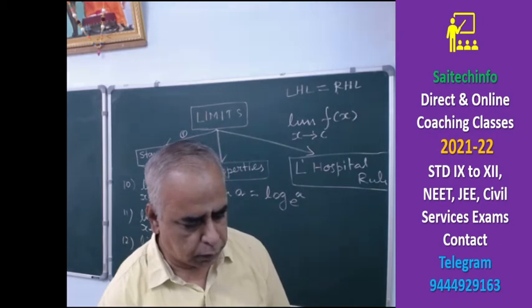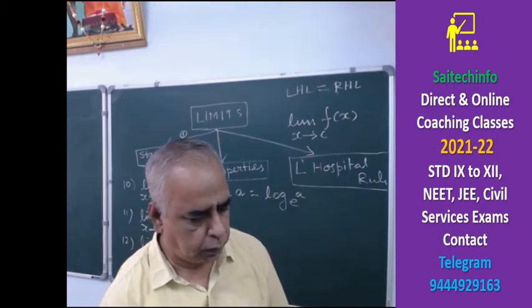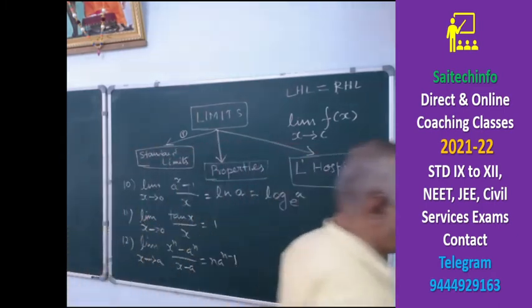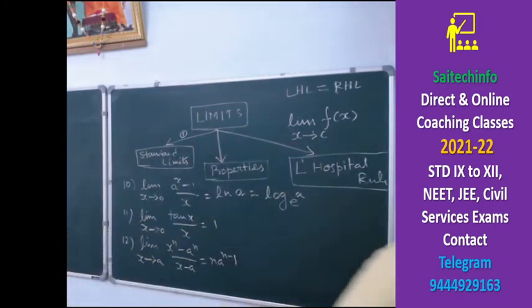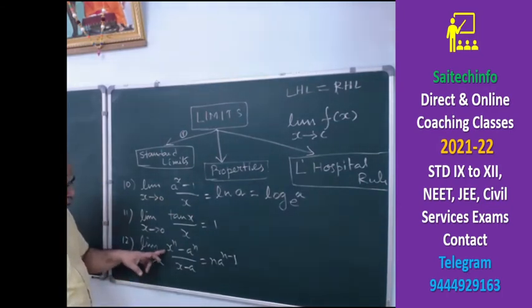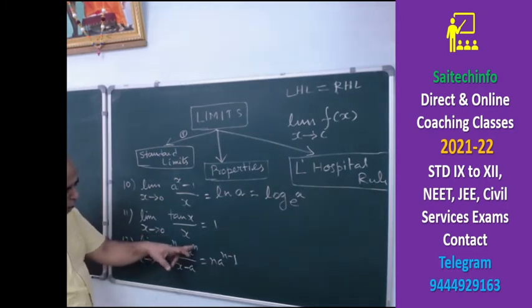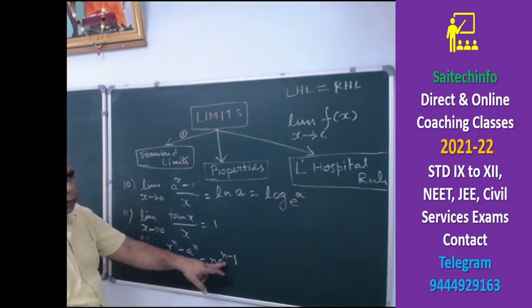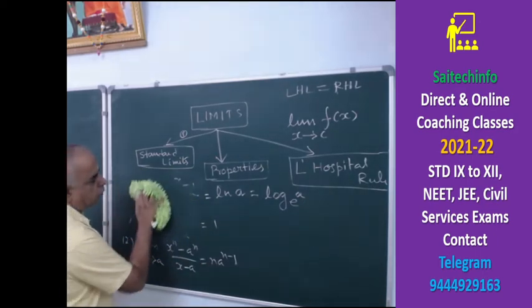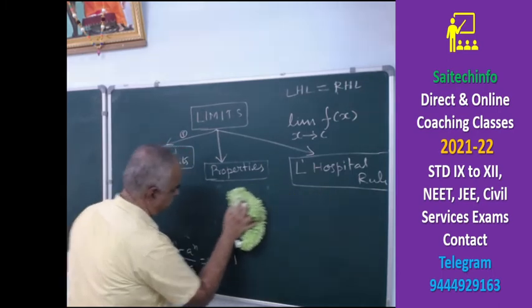Yes, let us continue. So limit x tends to a for the function x power n minus a power n divided by x minus a is equal to n into a power n minus 1. Now let us proceed with the 13th one.